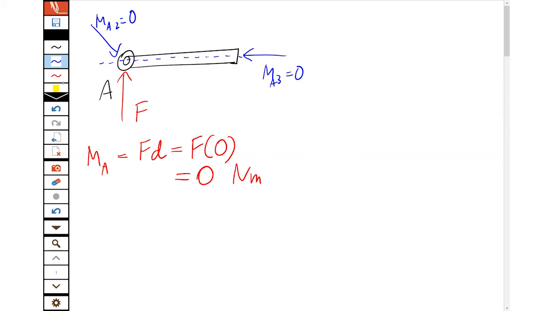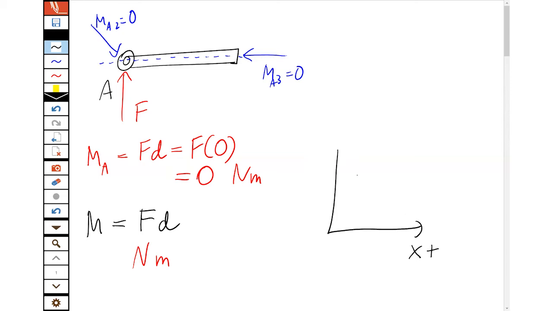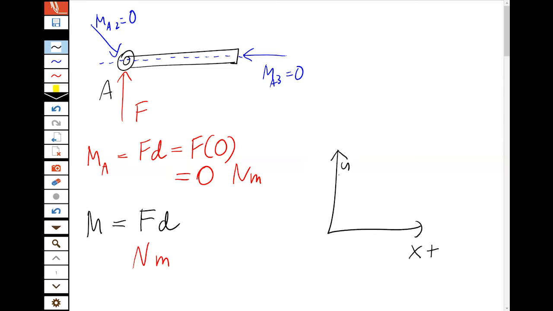Other things about these moments, we can see where the units come from now. The moment is the force times the perpendicular distance. So the units are Newton meters. And there's a convention for the sign. Just like by convention, x is positive to the right and y is positive up, the convention is that moment is positive counterclockwise.